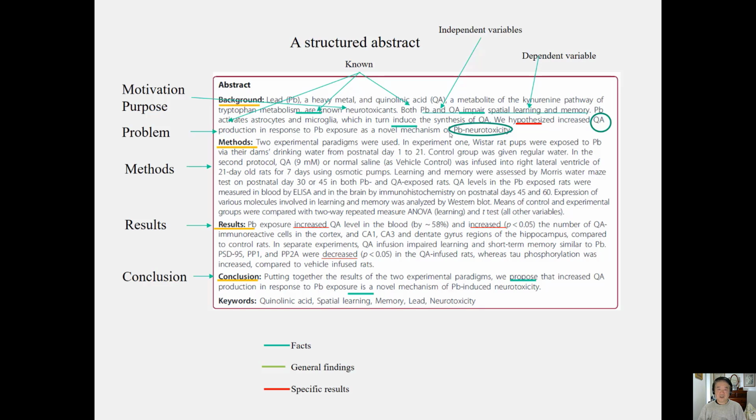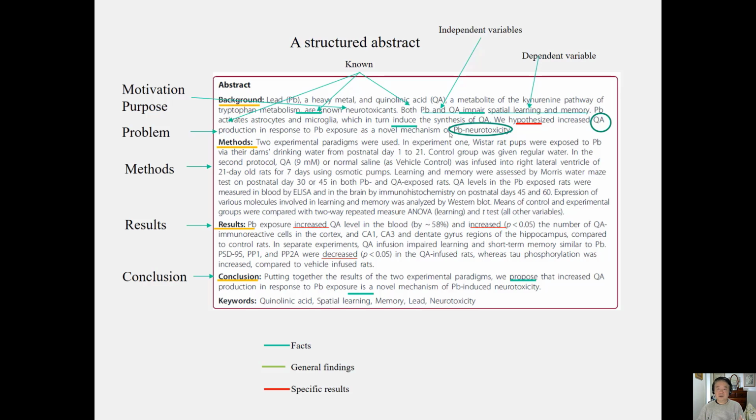Basically, you can see the way this abstract is written at the very beginning. They just list what is already known, but in terms of which one causes which one, the connection is not known.